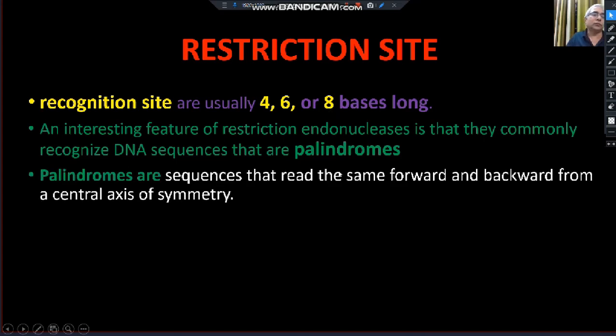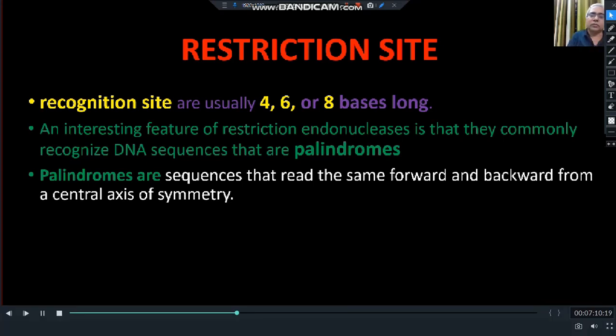Palindromes means the sequences that read the same in forward direction as well as in backward direction from the central axis of symmetry. Means from certain point, if we read them from this side or from the back side, in both the directions they will mean the same thing.